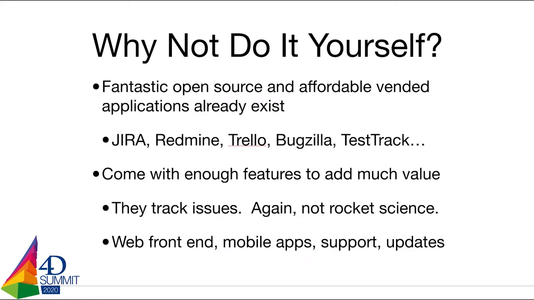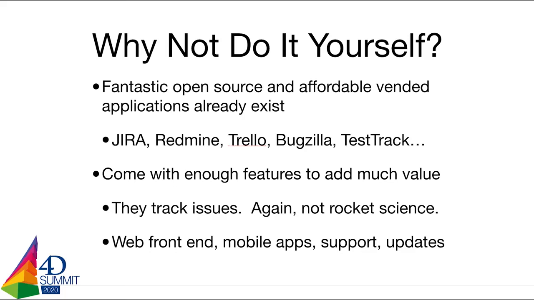There's fantastic open source and even affordable vended applications out there. Just to name a few, JIRA, we'll talk more about that in a moment. Redmine, we use that at the museum, and I believe the 4D company uses that for managing their development.